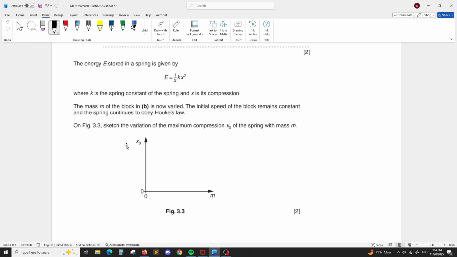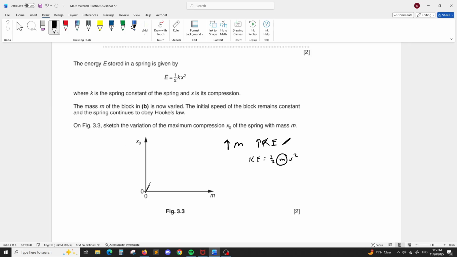So it turns out that the more mass, okay, so we know that as mass increases, our kinetic energy should also increase. And we know that this increases linearly because kinetic energy is equal to 1/2 mv squared, and m is a linear term in this case, so it's going to be linear.